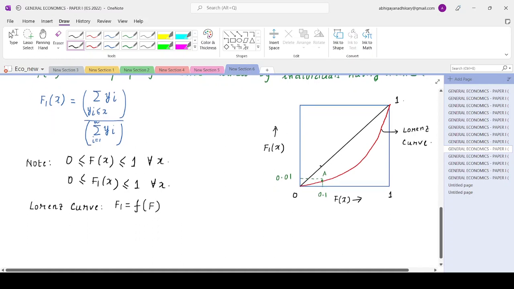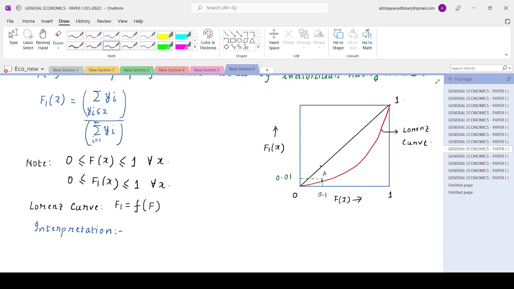So what does this point A mean on the Lorenz curve? So this is basically the interpretation. Now look at the horizontal component of it, 0.1. That means it's basically talking of the bottom 10% of the people who are in the society.